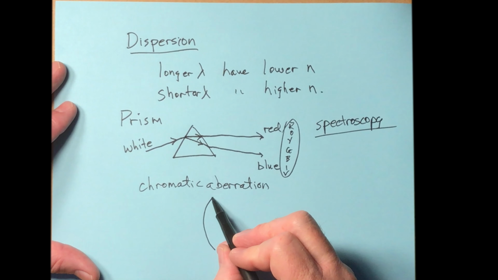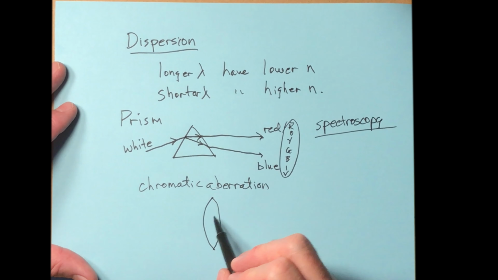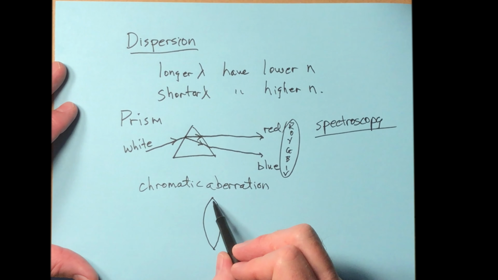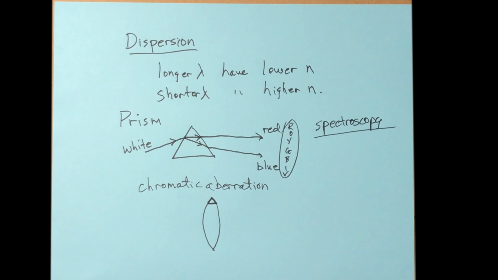For example, let's say that we have a lens. This is a glass lens. It's got a curvature on each side. Well, I don't know if you've thought about this, but if you look at it from the side here, that's a prism right there. So if you have a lens that has edges to it like this, then you're going to get dispersion in the corners here at the edges.